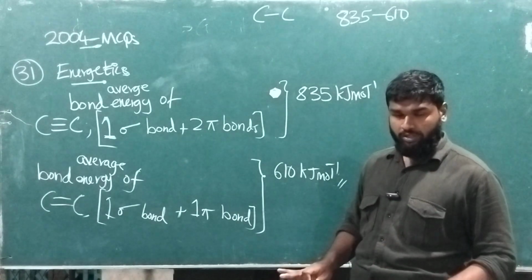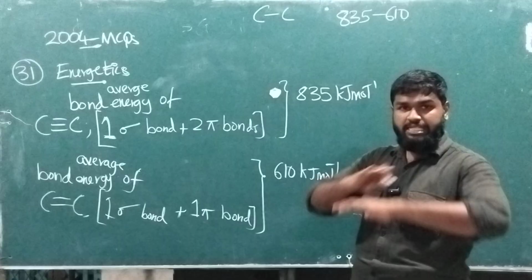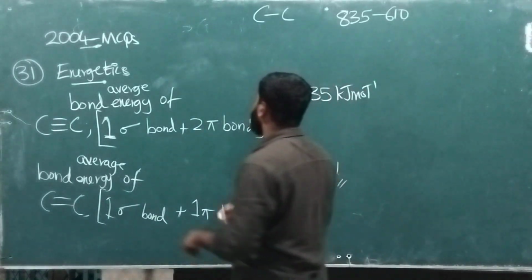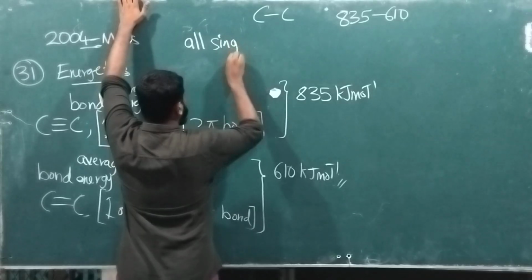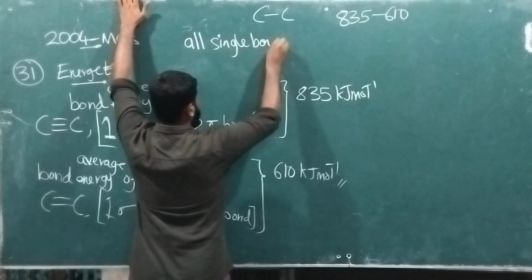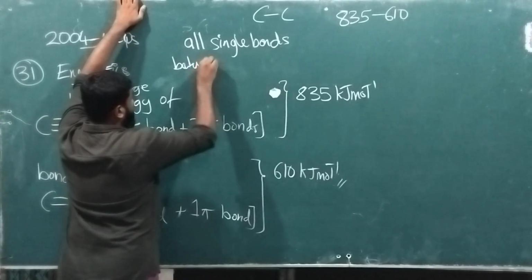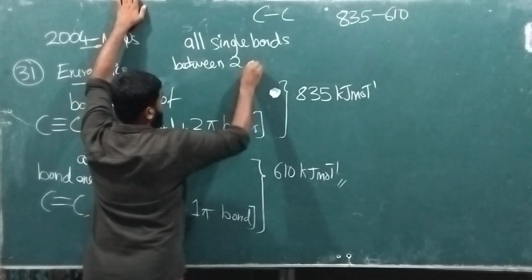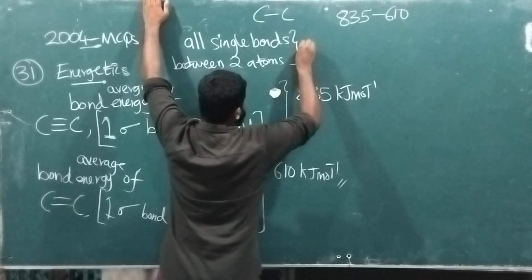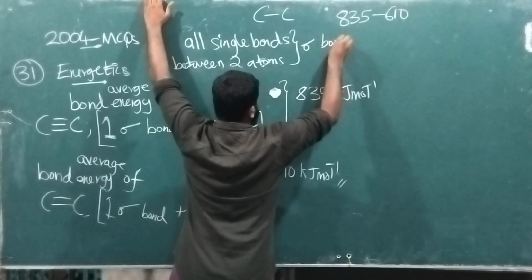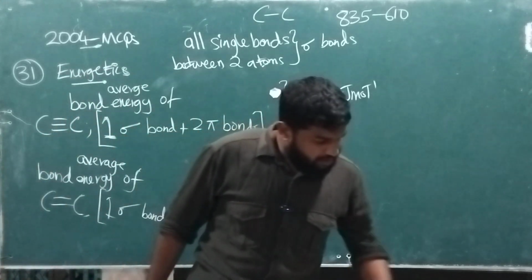All the single bonds between two atoms are sigma bonds. So according to the question, they have asked C single bond C.